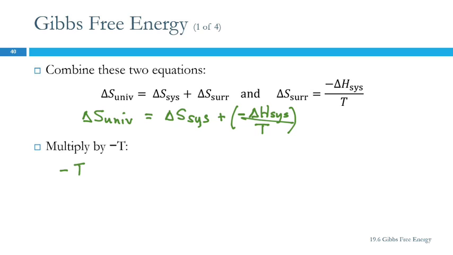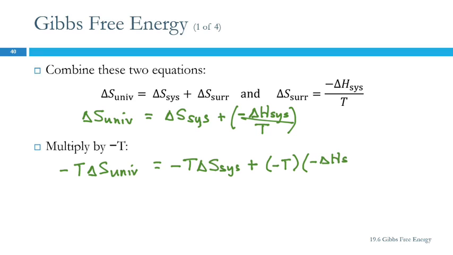So we're going to get negative T delta S for the universe is equal to negative T delta S for the system plus negative T times negative delta H for the system over T. So these T's are going to cancel out, and those negatives are going to get rid of each other.